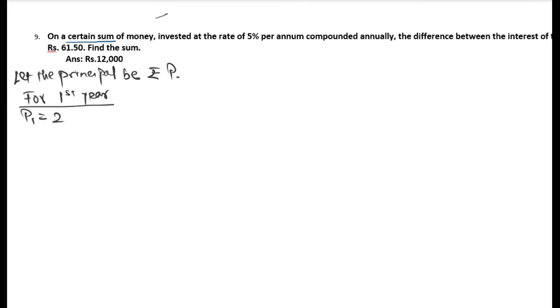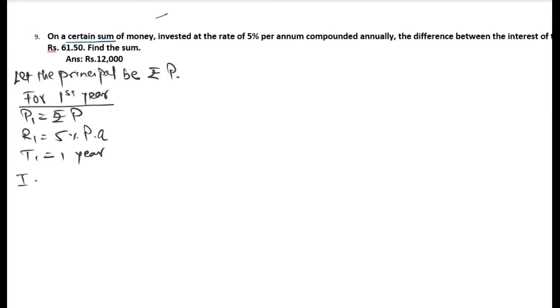Let's say the principal be rupees P. Okay, so we have to do the calculation for 3 years. For the first year, P1 is equal to rupees P, R1 is equal to 5% per annum, and T1 is equal to 1 year.